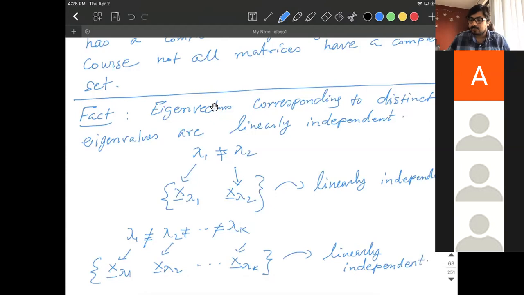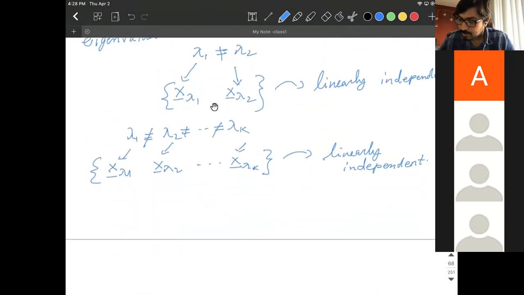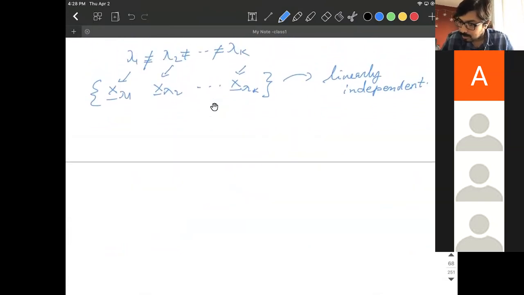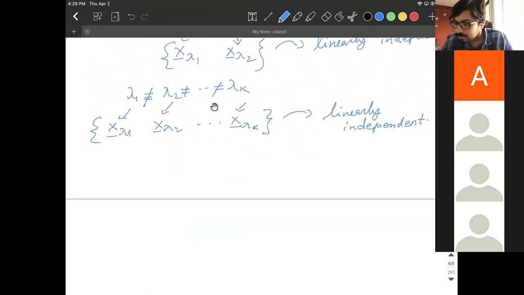Okay, so we take this as a fact, and the idea would be to use it.